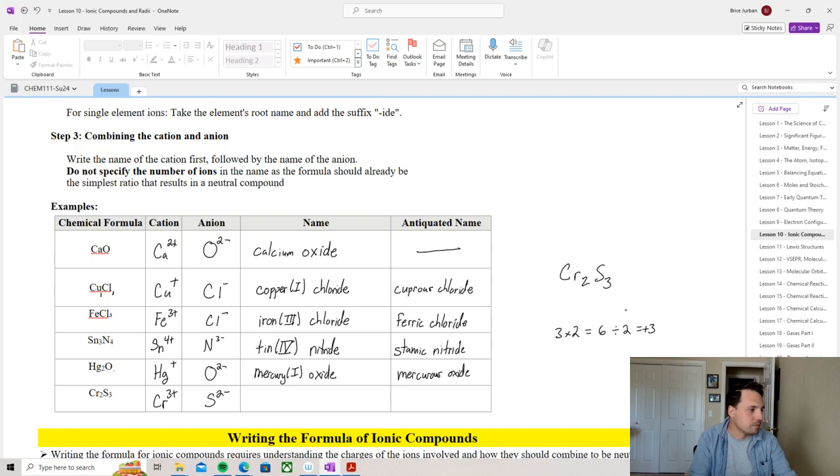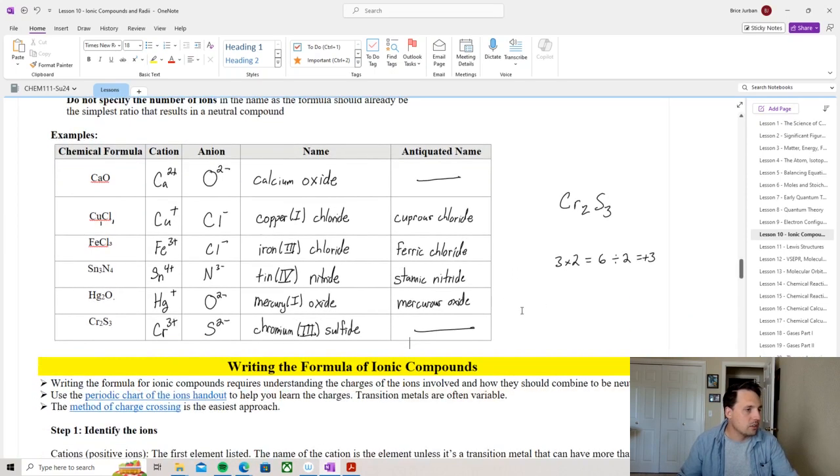Whichever one of those works better for you. Chromium 3 sulfide. And this one doesn't have, I believe, an antiquated name because we'd have 3 different ways to write chromium.